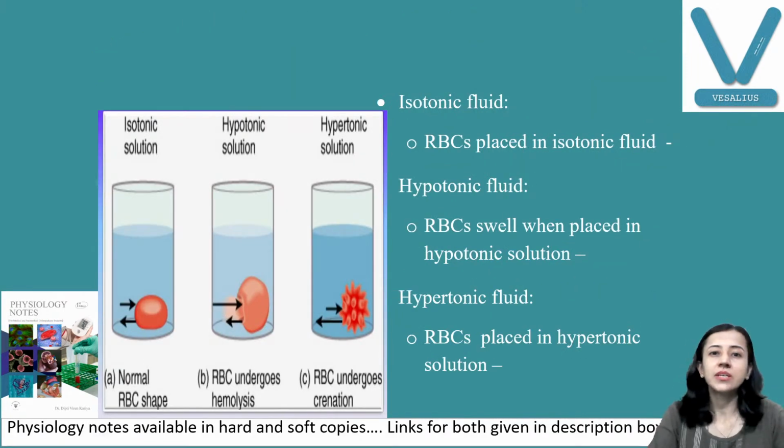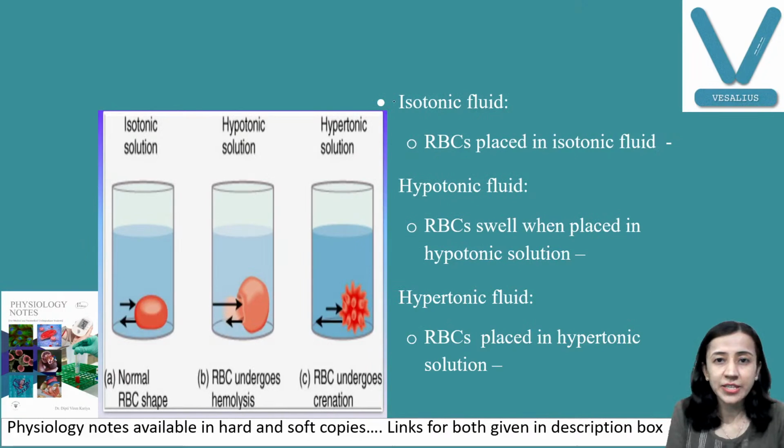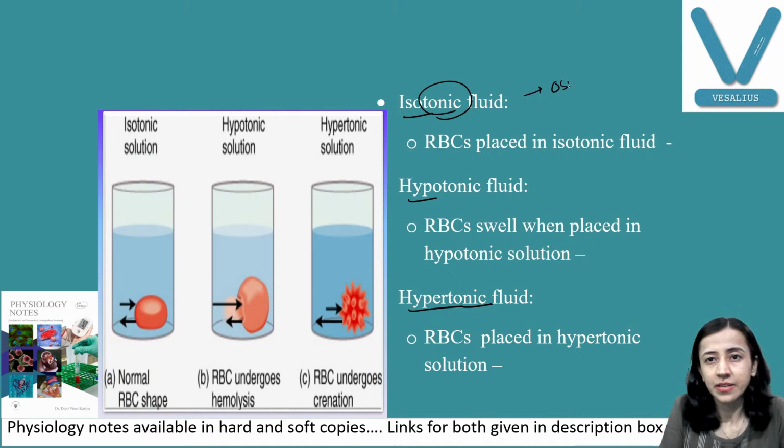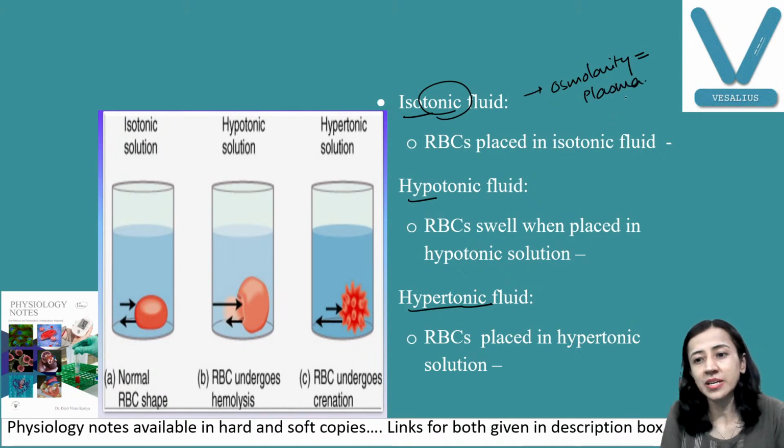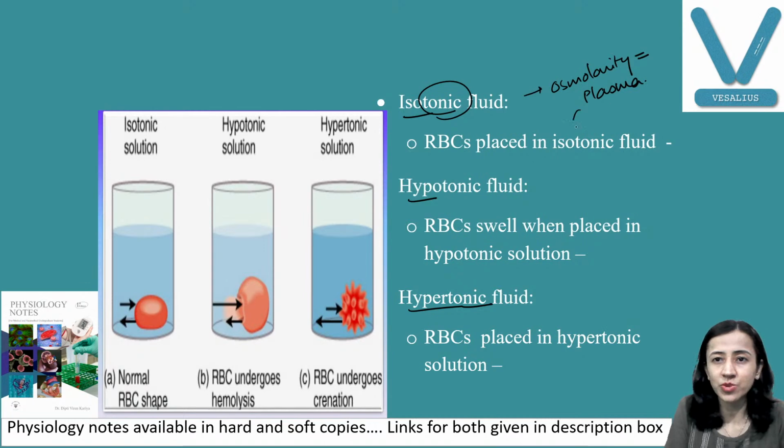Now another terminology is isotonic, hypotonic, hypertonic solution. Now what are these solutions? Isotonic means osmolarity equal to plasma. The normal osmolarity of plasma is 270 to 290 milliosmoles per liter.